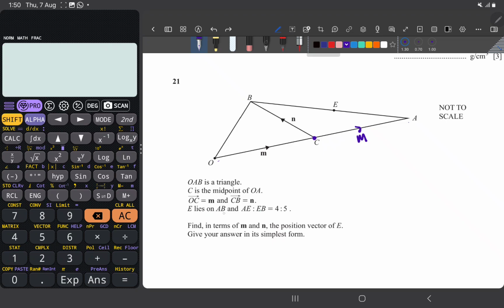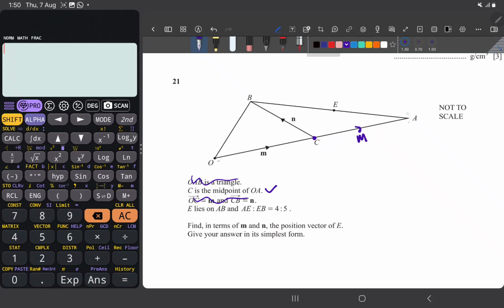E lies on AB. This part is not so important because it's there on the graph. And then now it says E lies on AB, that means going from A to B, such that AE to EB is 4 to 5.